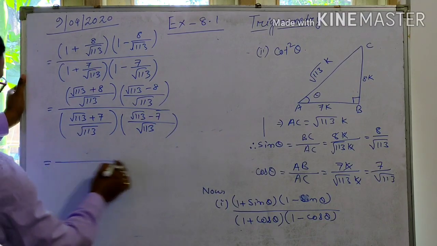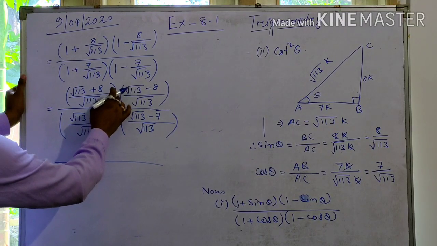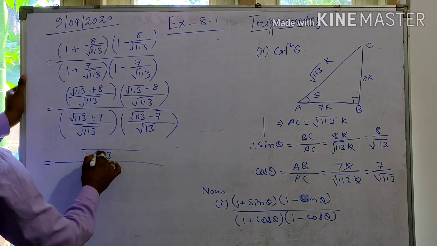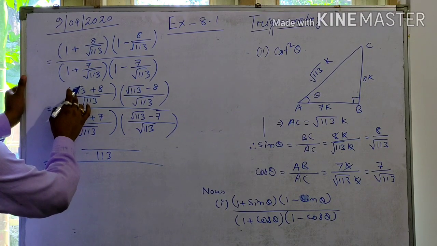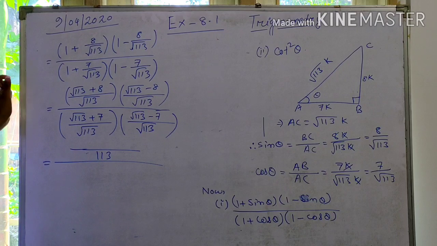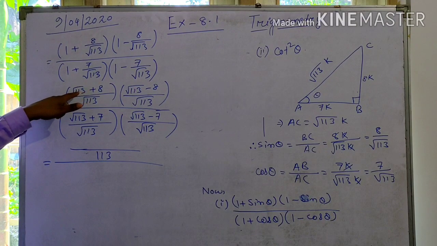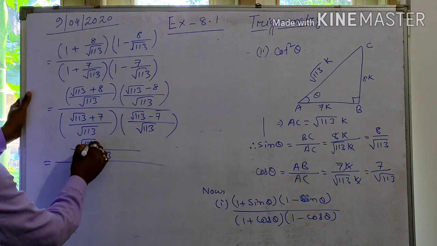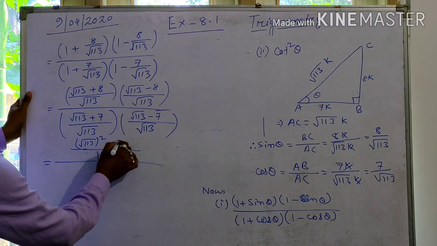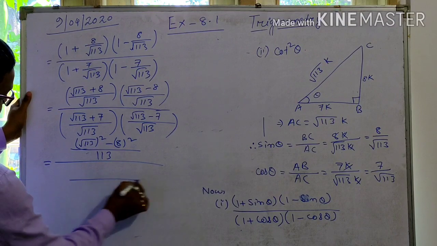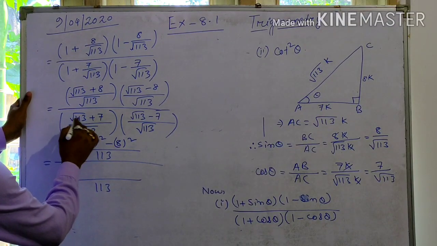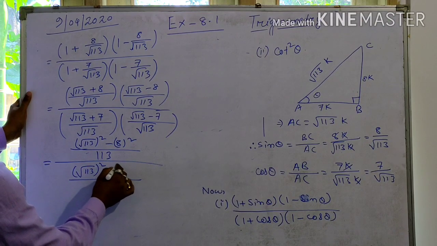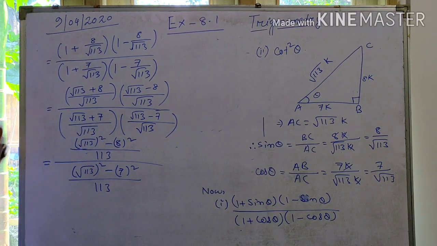Now you multiply this. If you multiply these two denominators you will get 113, and the above part is (a plus b) into (a minus b). Finally you will get root over 113 whole square minus 8 square. In the denominator also you will get 113, root over 113 whole square minus 7 square, because (a plus b) into (a minus b).